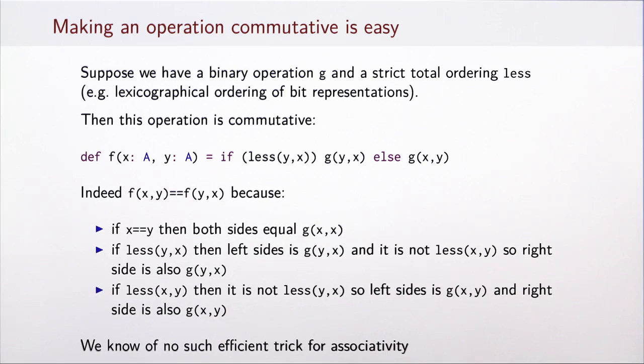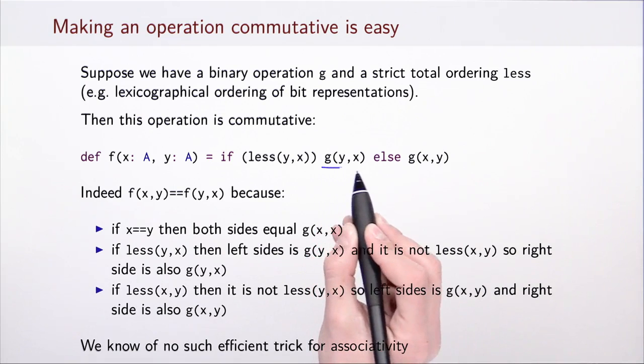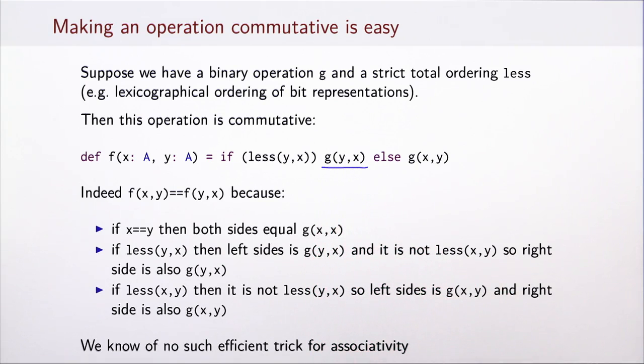The previous operations were in fact commutative, so it is interesting to think why it was possible to make such approximate operations commutative, yet the designers did not succeed in making them associative. Well, it turns out to be much easier to make an operation commutative. Suppose that we have some operation g that is not necessarily commutative, but we are happy with answers g of yx or g of xy.